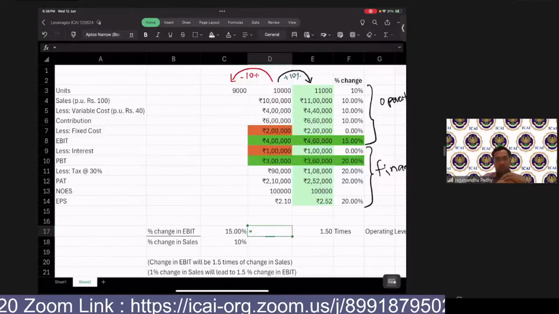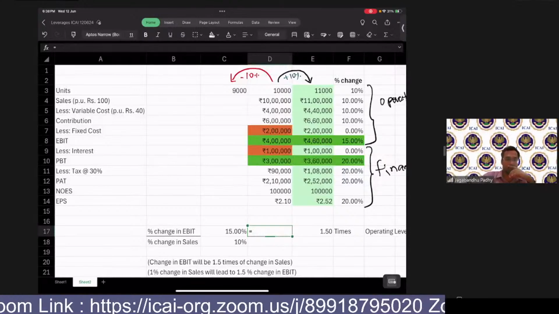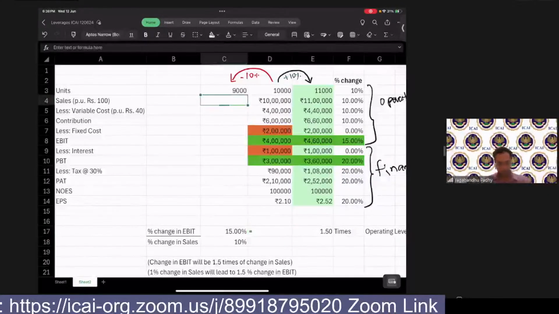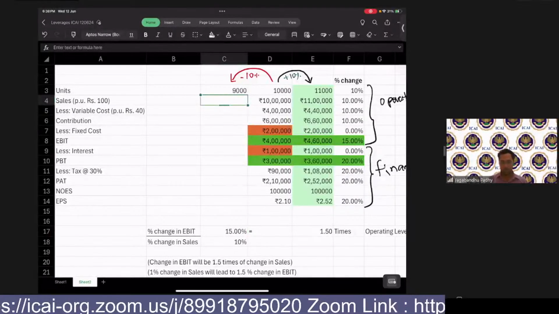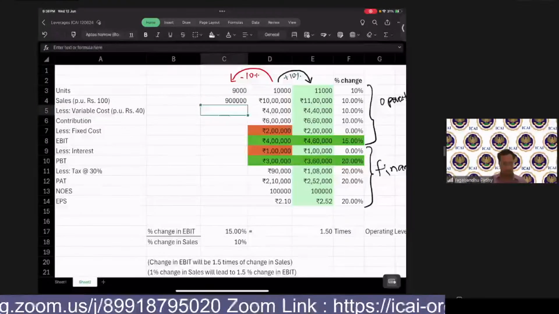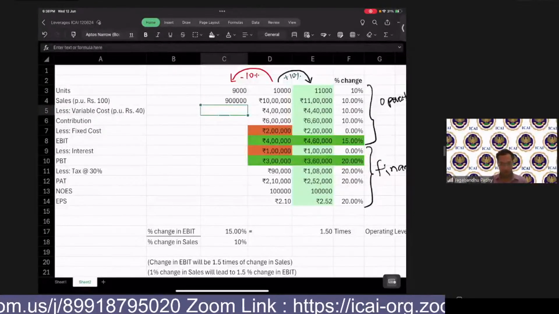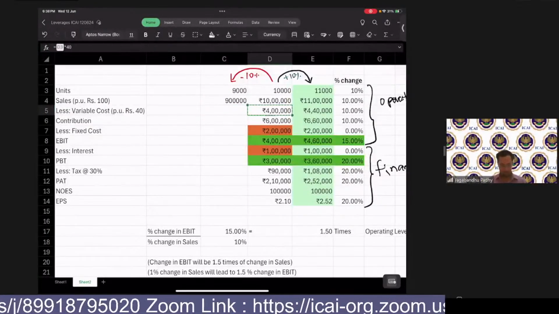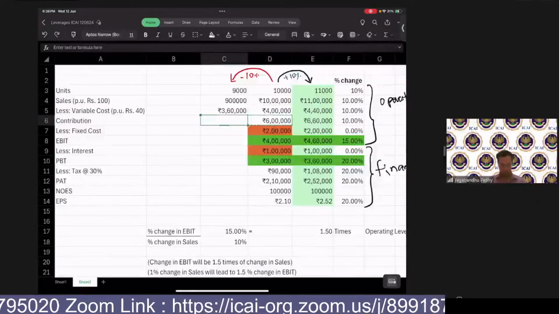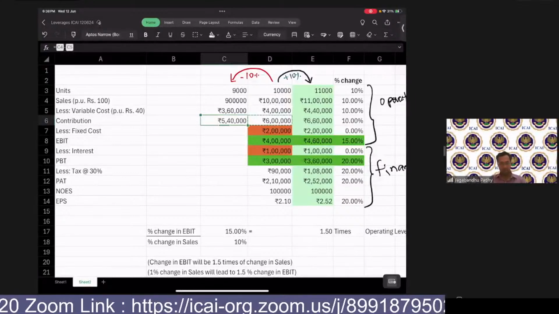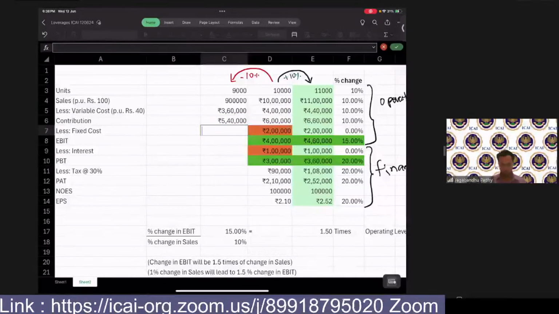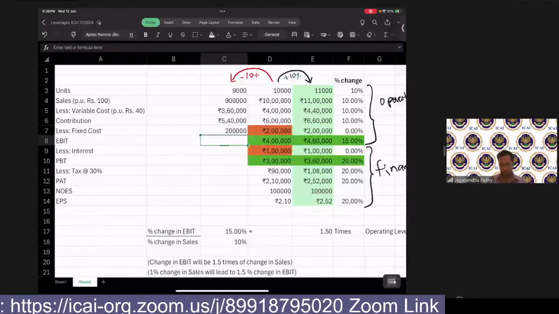Yes, so PAT is 1,68,000 and EPS is 1.68. We have the sales figure for 9,000 units, and the variable cost and contribution is 550. Fixed cost is going to remain the same.